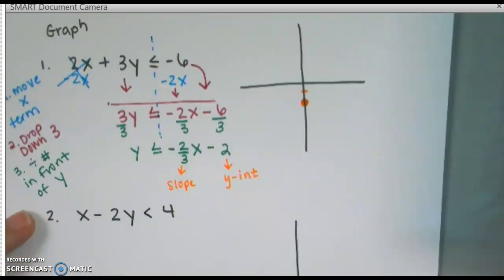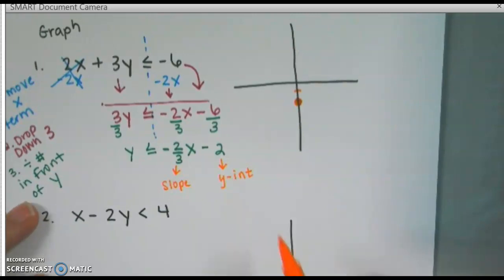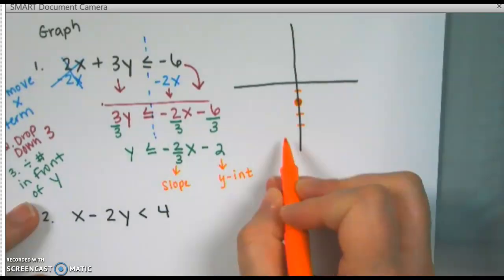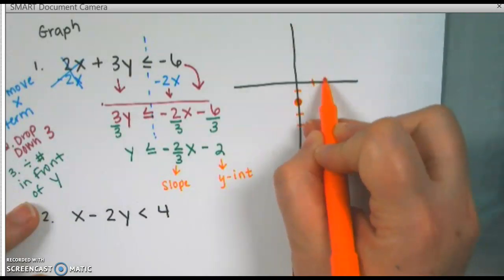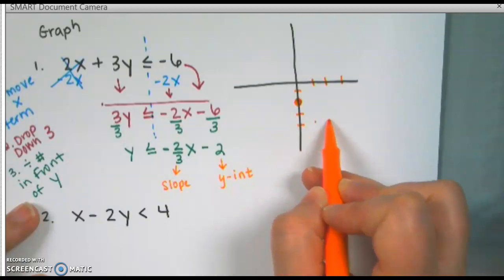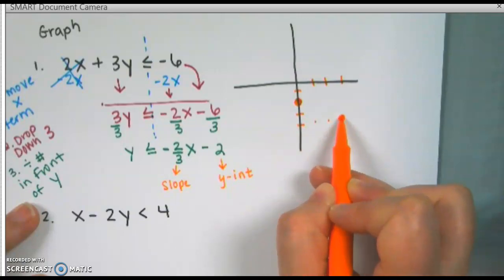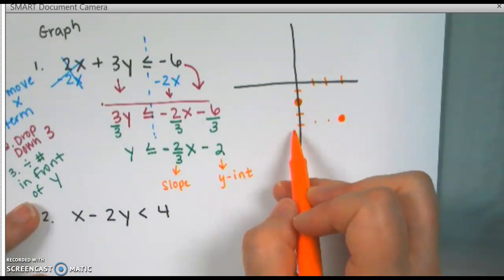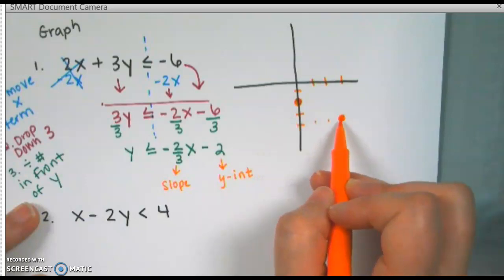The y-intercept of my line is negative 2. And if my slope is negative 2 over 3, I'm going down 2 over 3. Down 2 because it's negative, over 3.